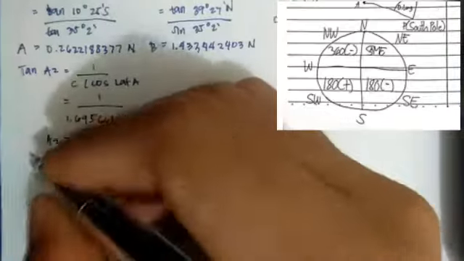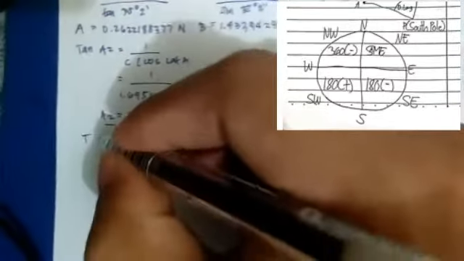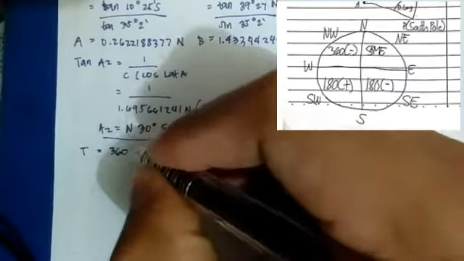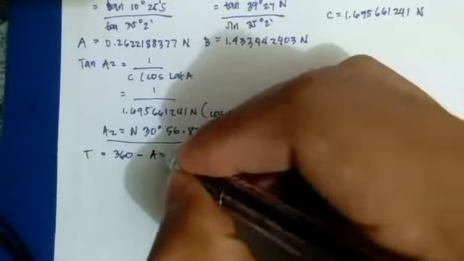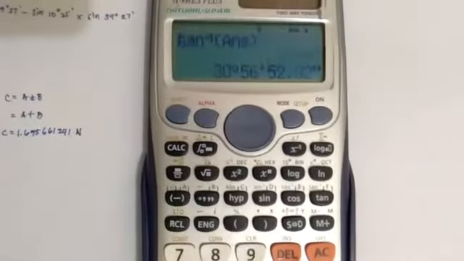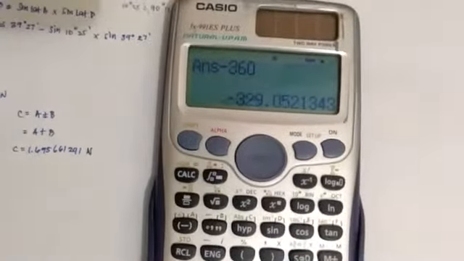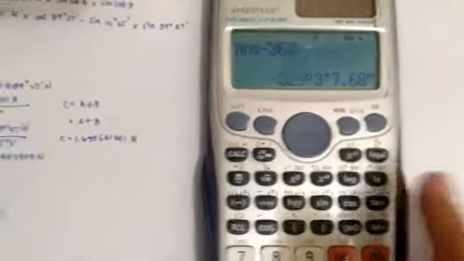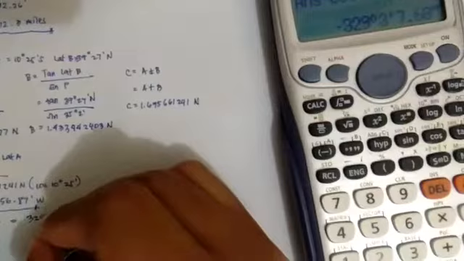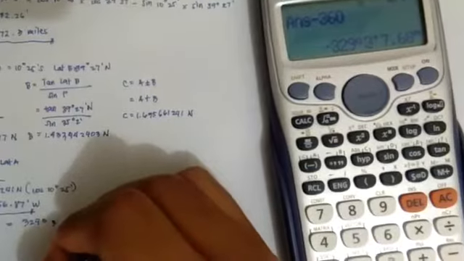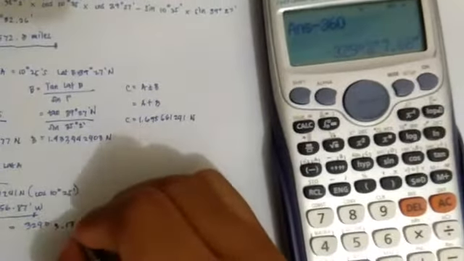So 360 minus our initial course, and here we will get our initial course of 329 degrees and 3.13 minutes true.